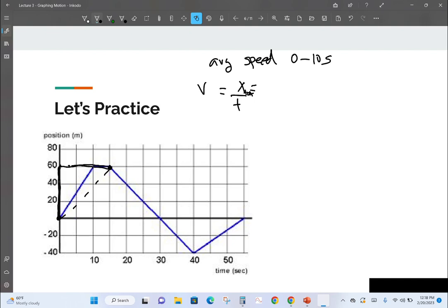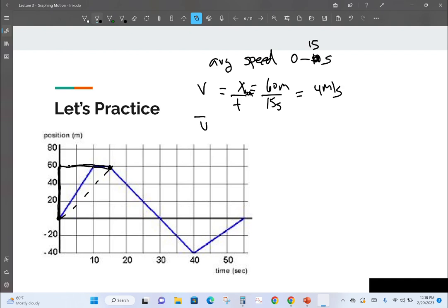So when we find the average speed, we're finding the slope between 2 points. It would be 60 meters divided by, oops, I think I drew that the wrong way. Actually, I wanted to find the average speed for 15 seconds. I'm sorry, for 15 seconds. So the average speed would be 60 divided by 15, which is 4 meters per second.